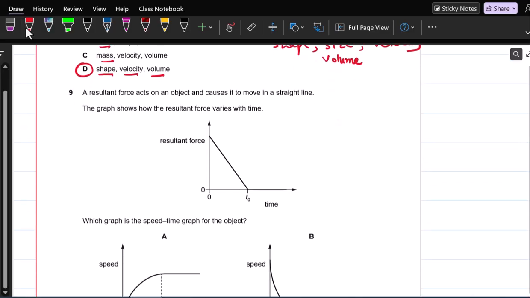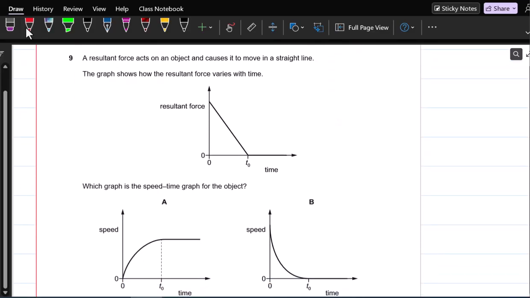So moving to question 9, a resultant force acts on an object and causes it to move in a straight line. The graph shows how the resultant force varies with time. Which graph is the speed time graph for the object?